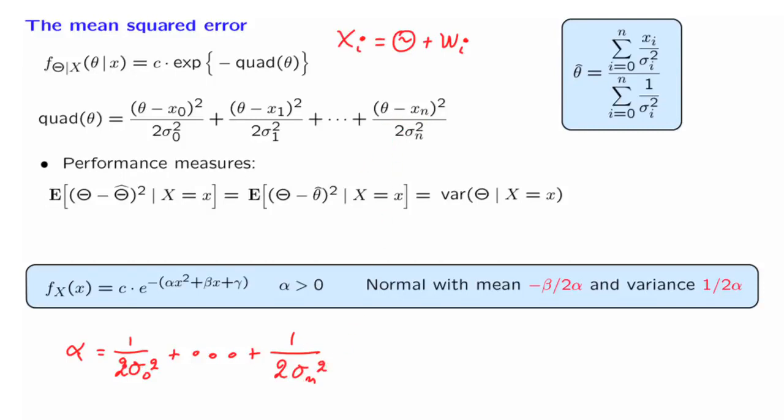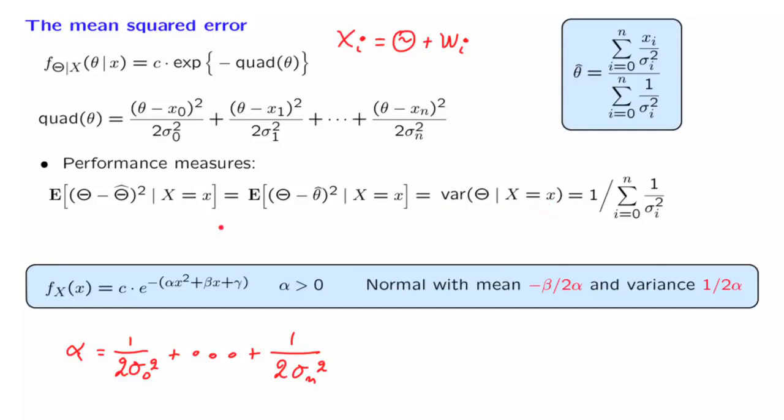Now, we take this factor of 2, move it to the other side, so we know what 2 times alpha is, and then we need to take the inverse of that so as to obtain 1 over 2 alpha. And what we obtain is that 1 over 2 alpha, when alpha is given by this expression, is equal to this expression here. And so we have found the conditional variance, the variance of the posterior distribution of theta given the data that we have available in our hands.